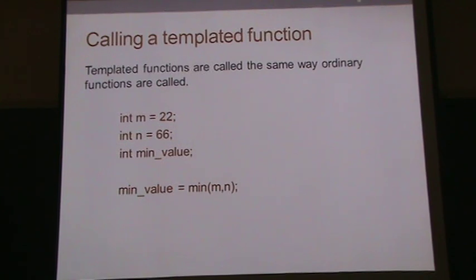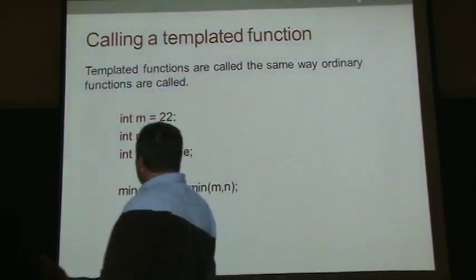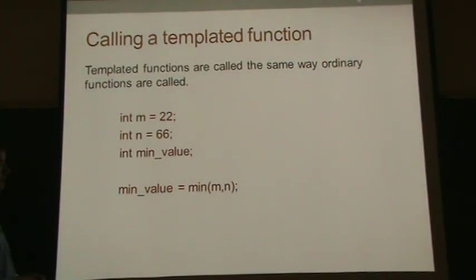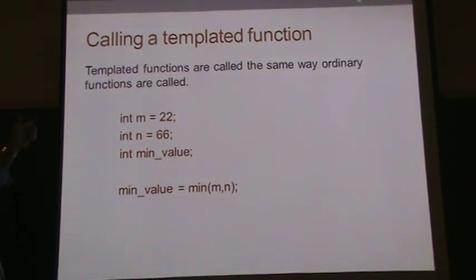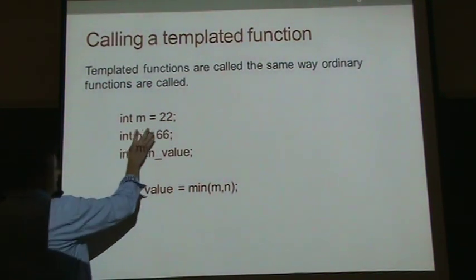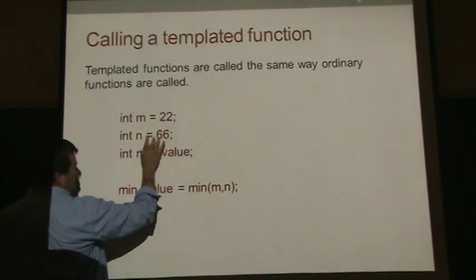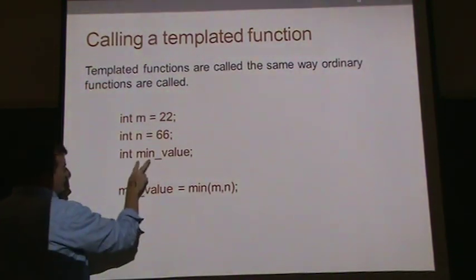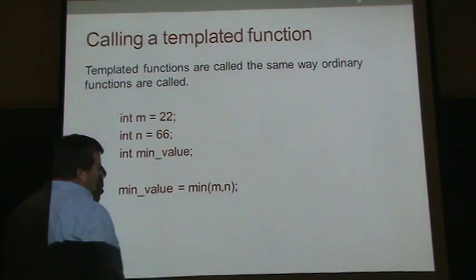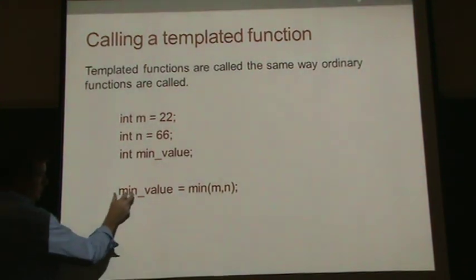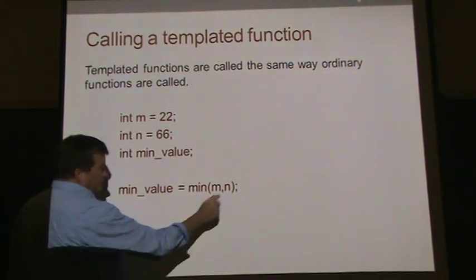Okay, so when you're calling a templated function as opposed to a normal function, it's exactly the same. If we had the code from before, with an integer m22, an integer m66, and a third integer min value, we can just write this line: min value equals the minimum of these two.